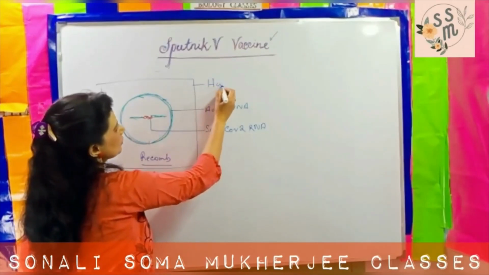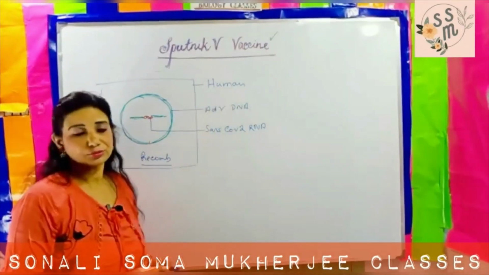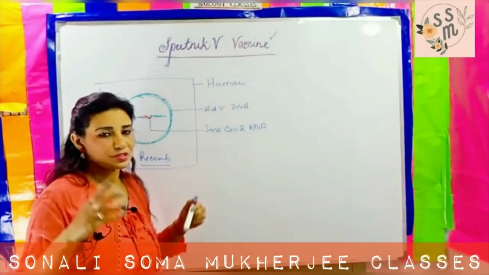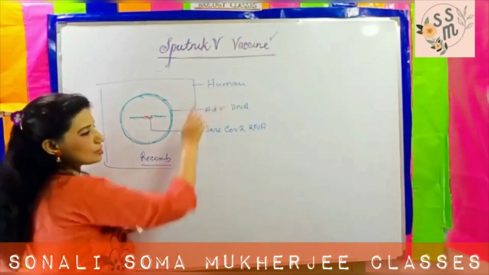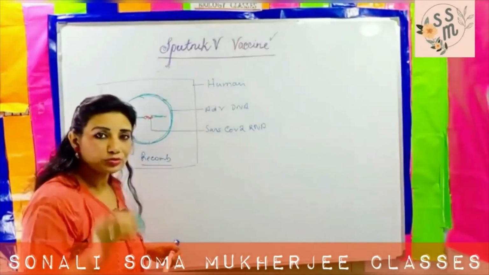This is the human body. What happens is our human body's adaptive immunity, which has the role of remembering its enemy also, produces antibodies. The human body will be producing antibodies, which are also proteins.